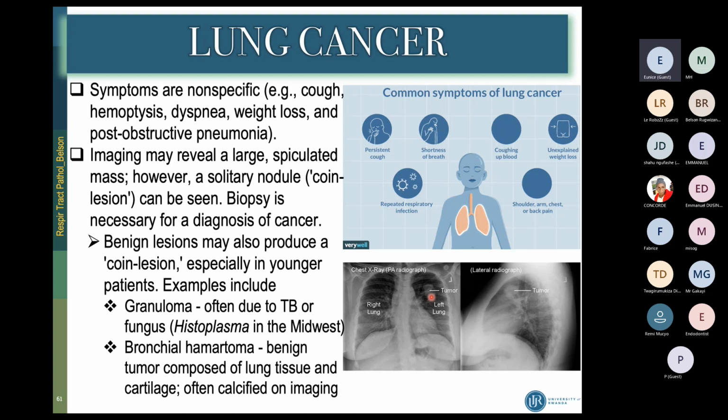Ikindi twavuga nuko hari ibyo twita paraneoplastic syndrome, ni ukuvuga umurwayi ufite kanseri runaka agira ibimenyetso nk'ibyo ufite ikibazo ku yindi organe itarebwa n'iyo kanseri. So hari abantu bafite kanseri y'ibihaha bakunda kugira gukora za hormone, hormone zikorwa na adrenal gland, ugasanga afite ibimenyetso by'umuntu ufite ikibazo cya adrenal gland kandi nta kibazo cya paraneoplastic syndrome.